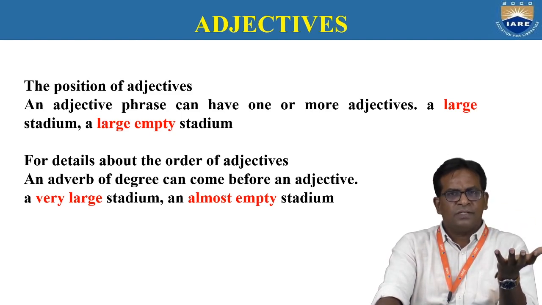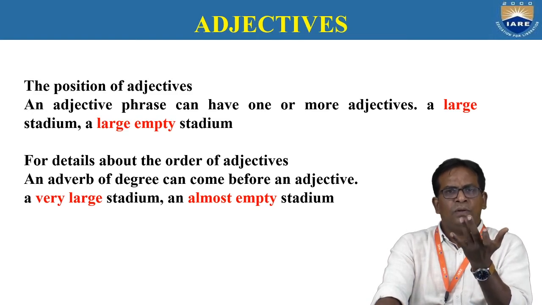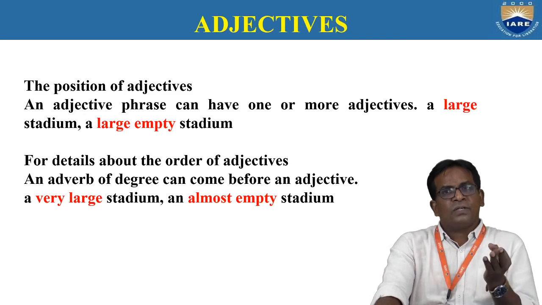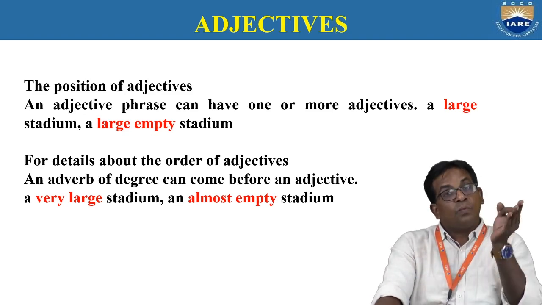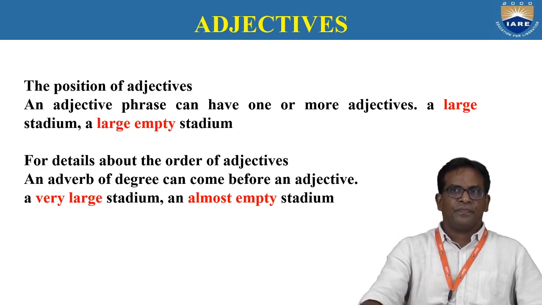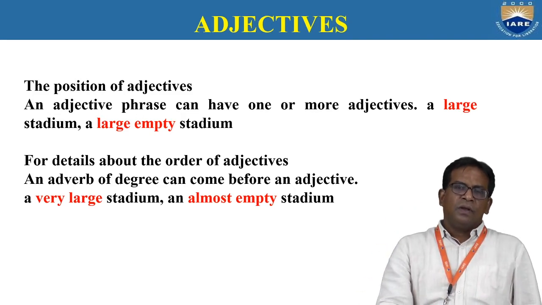All determiners are adjectives. A, nice, old: there are three. So an adjective phrase can have one or more adjectives. A large stadium is a phrase. Stadium is the noun.